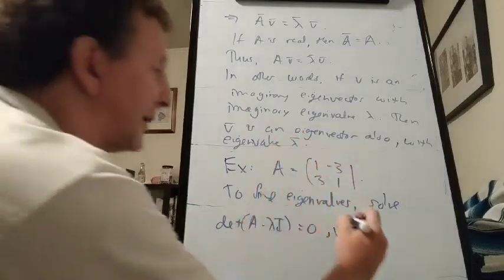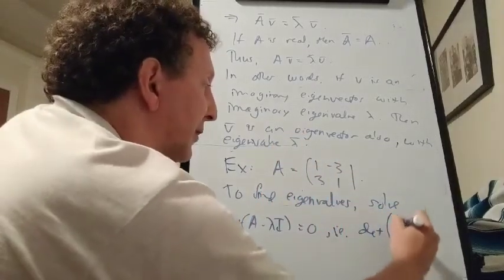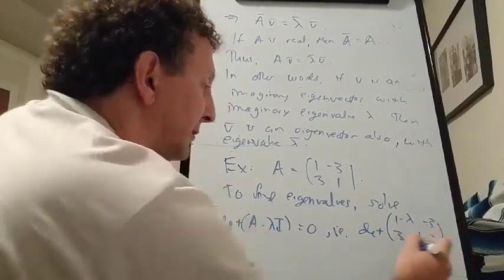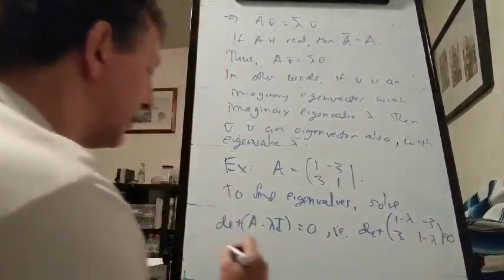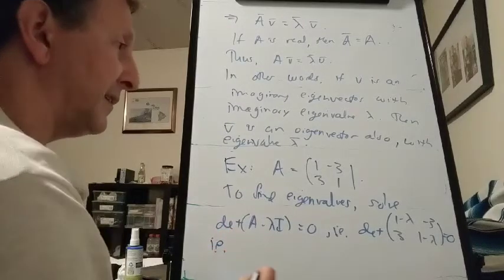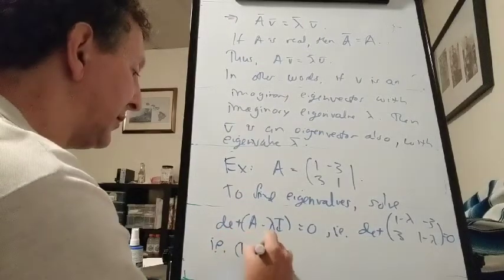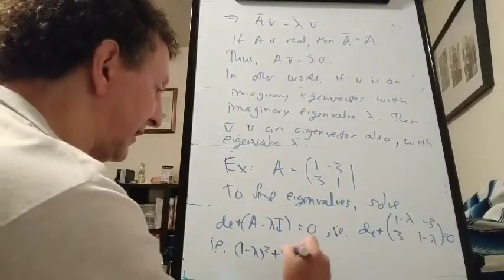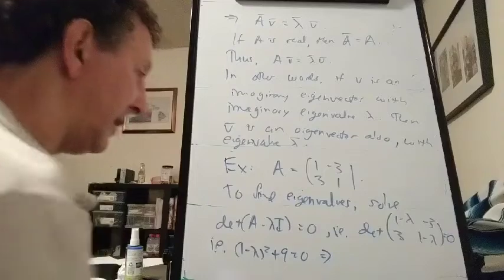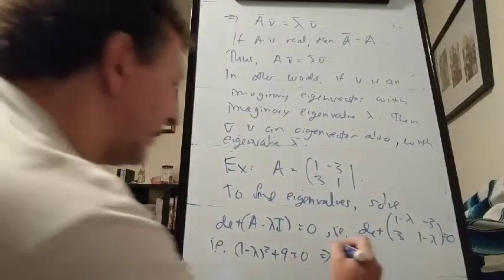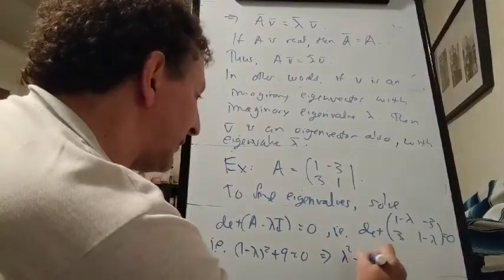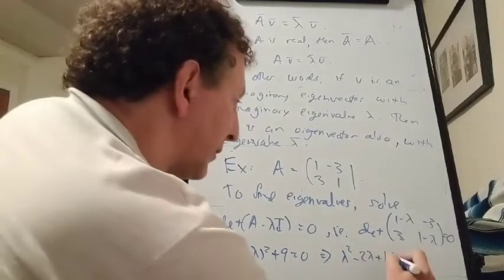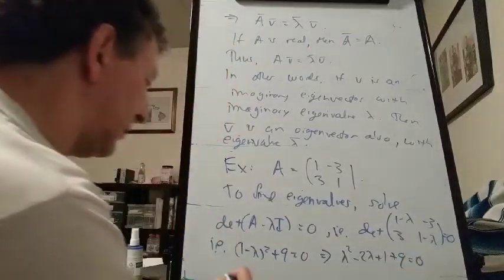So determinant of A minus lambda I is determinant of 1 minus lambda, -3, 3, 1 minus lambda. That equals 0. And the determinant is going to be (1 minus lambda) squared minus (-9), plus 9, equals 0. And that means that we've got lambda squared minus 2 lambda plus 1 plus 9 equals 0.